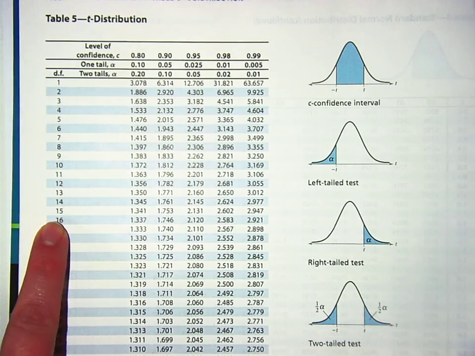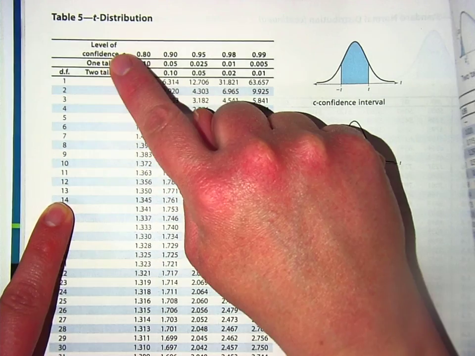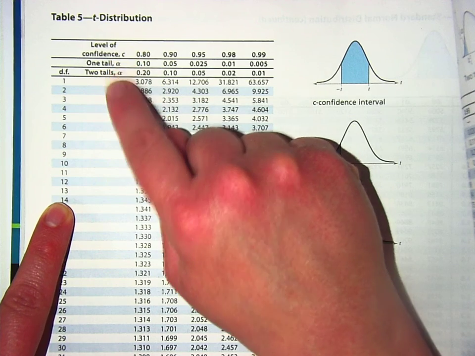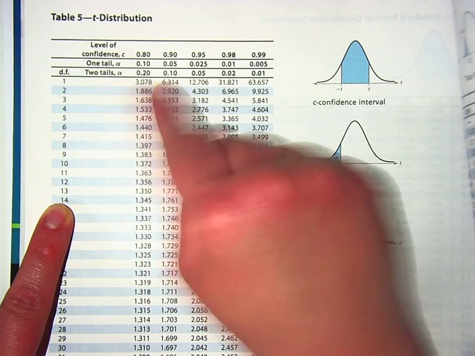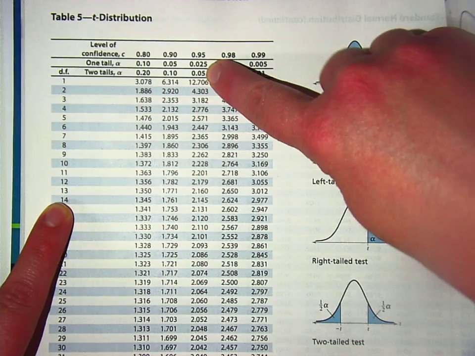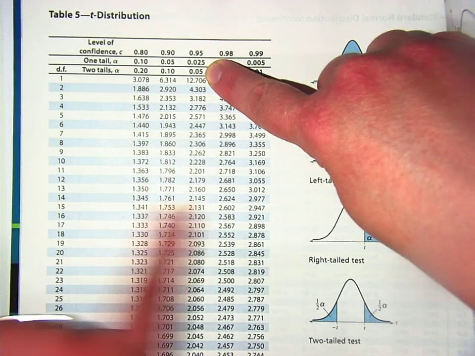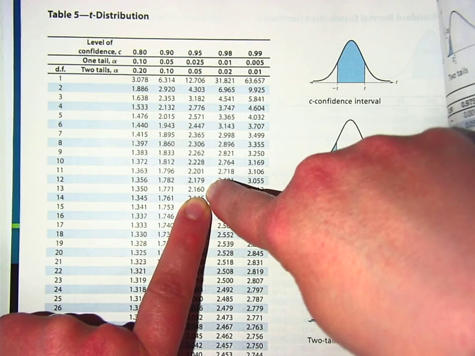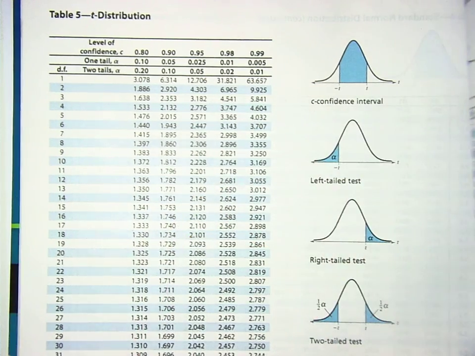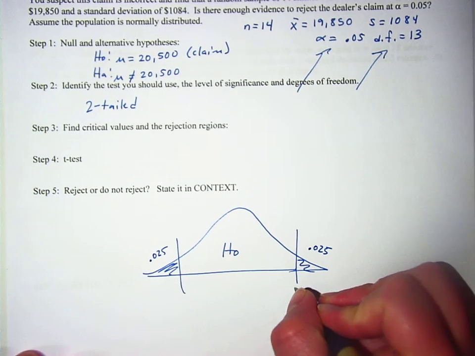Up here, remember before we were just using that level of confidence, now we've got one tail or two tail. This is a two-tail test, and it is 5%. So I'm going to go to that middle column there, which makes sense because one tail is 2.5%. And that is a t-score of 2.160. So I'm going to use 2.160, positive and negative on either side.